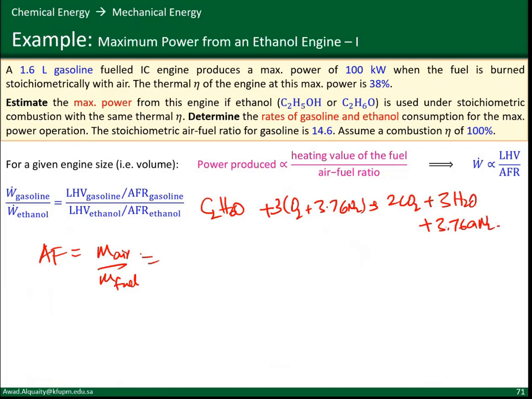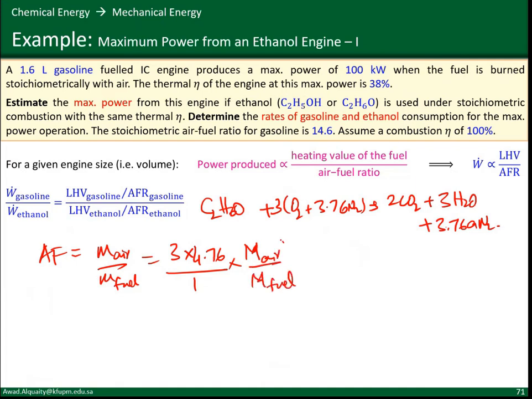Okay. Now the mass of air is number of moles of air, which is 3 into 4.76 by number of moles of fuels times the molar mass of air, how many kilograms you have in kilomole of air, divided by the molar mass for the fuel.